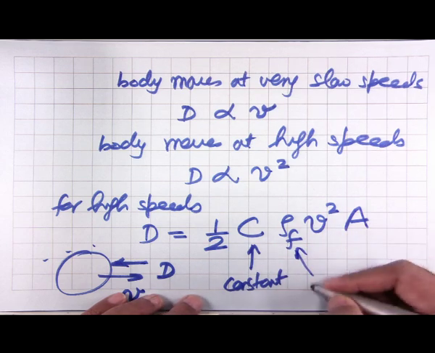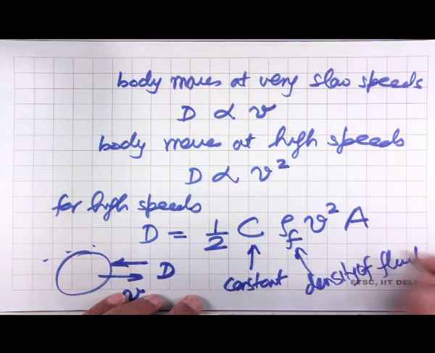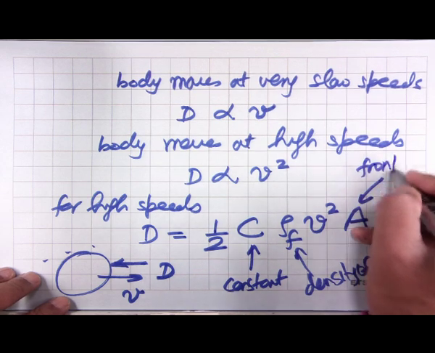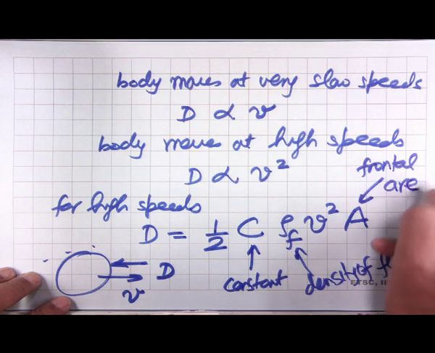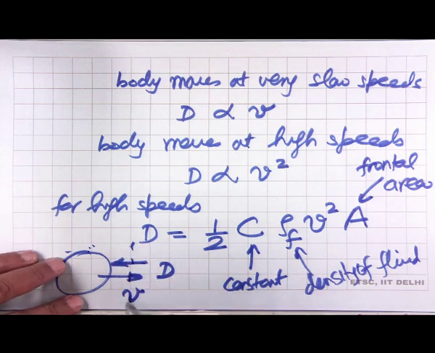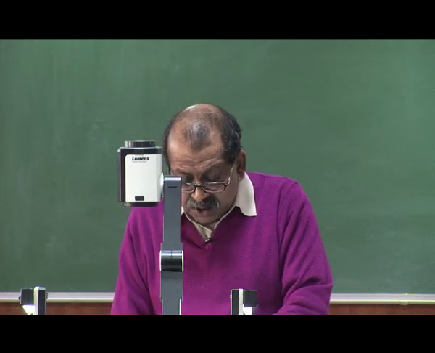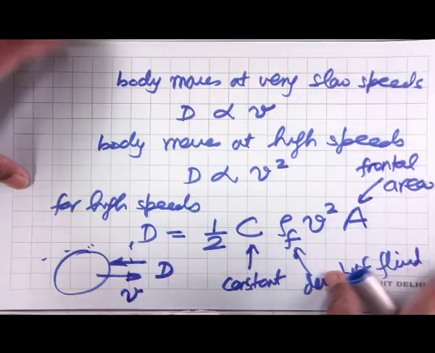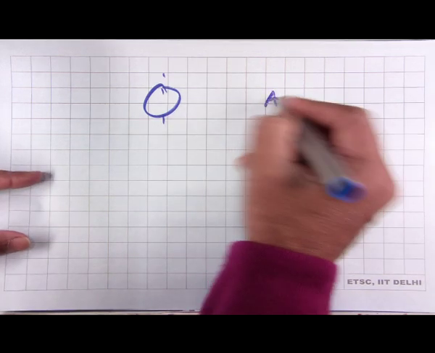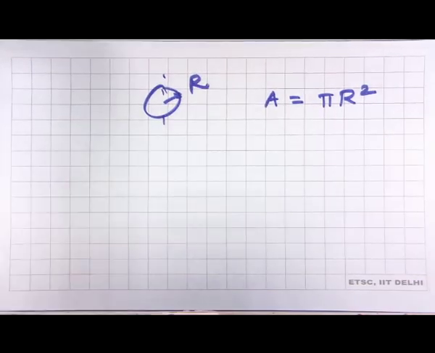Rho of the fluid is the density of the surrounding fluid, and in general A is the frontal area of the body, which means if we project the body on a plane, the area will be given by A. So, for example, if the body is a sphere, then the area A will be equal to pi r square, where r is the radius of the sphere.